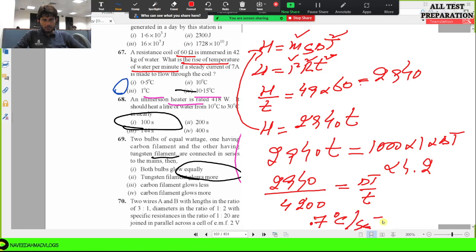Okay, so you need to convert it into per minute. In 1 minute we have 60 seconds.